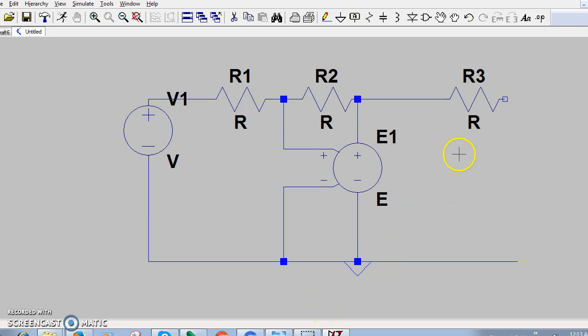Yeah, so we need to find VThevenin and RThevenin across these two terminals. So let's label this.